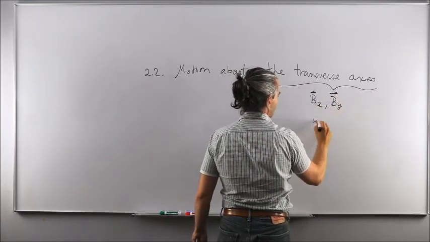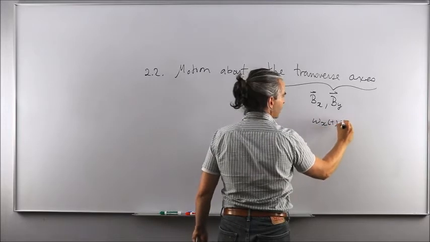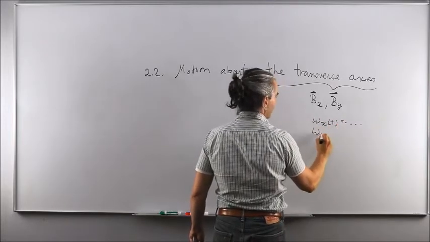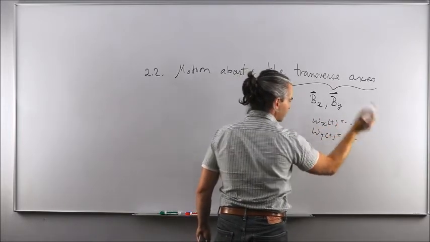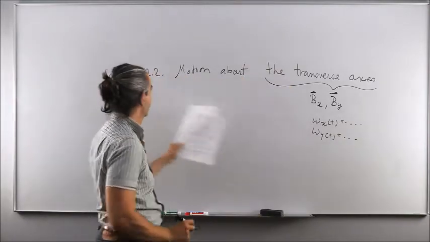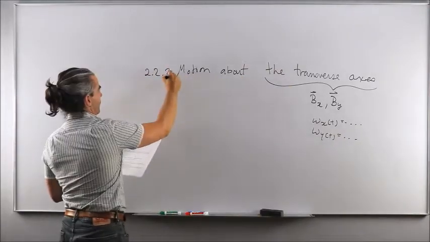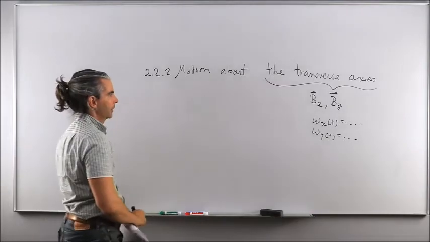Or in other words, we are seeking omega x as a function of time equal to whatever, and omega y as a function of time equal to whatever. This is the objective of this subsection here. All right?